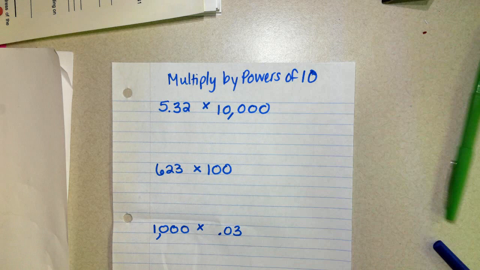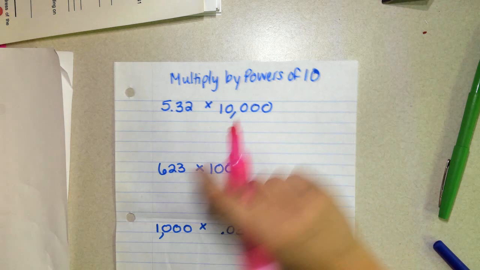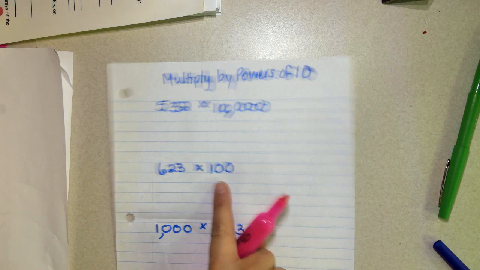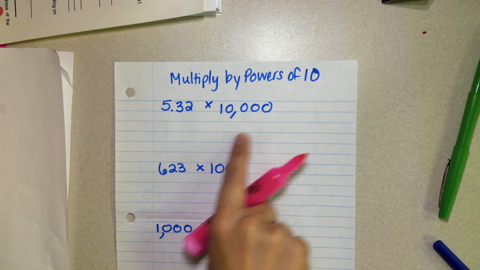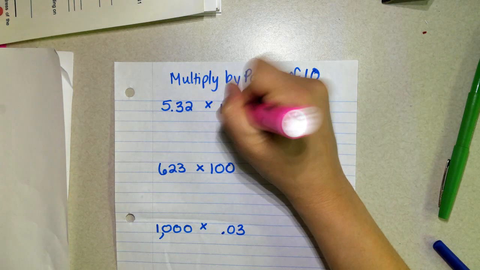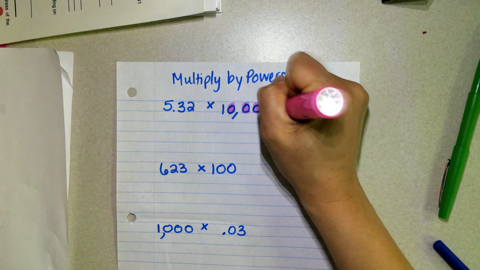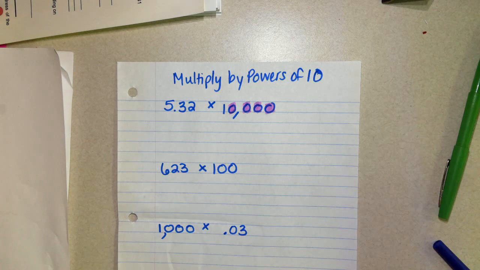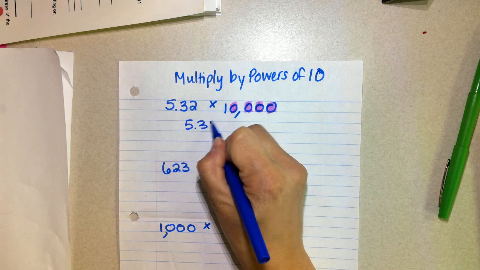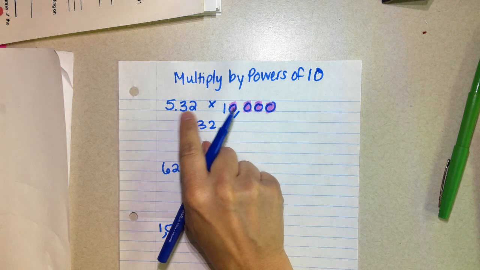So anytime you're multiplying a number, whether it be a decimal or a whole number, by a power of 10, you're just going to count your zeros. So I have 1, 2, 3, 4 zeros, which means I'm going to go ahead and write my number just as it is, 5 32/100.